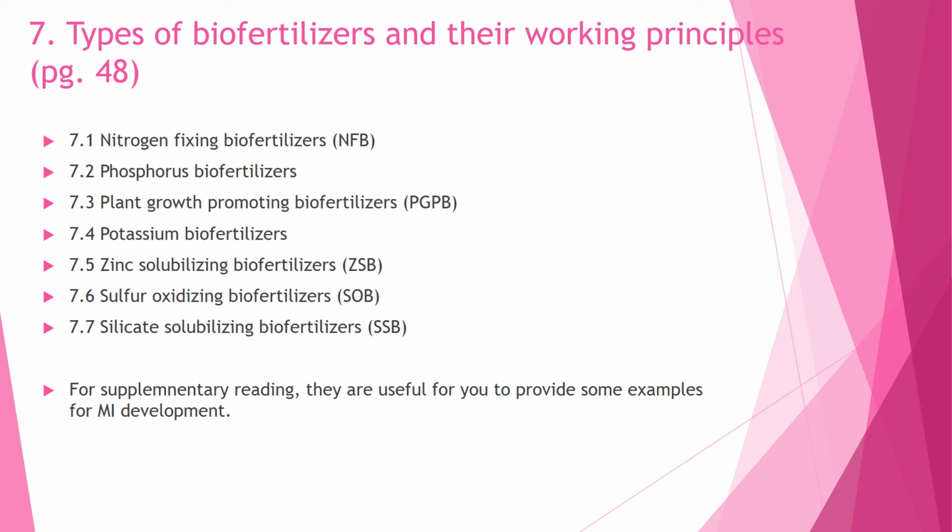This is a very big group, including Rhodopseudomonas and many types, Lactobacillus also. Potassium solubilizing, yes. Sometimes they don't put solubilizing, but we know these two macronutrients, phosphorus and potassium, are not soluble in water, so they must need some microbe to solubilize them. Then only can they dissolve in water to be taken up by the plant's root.